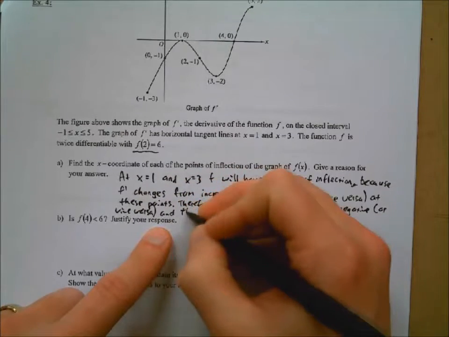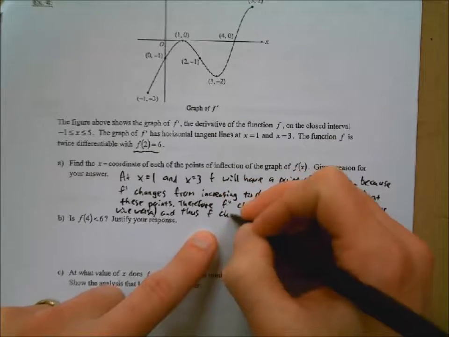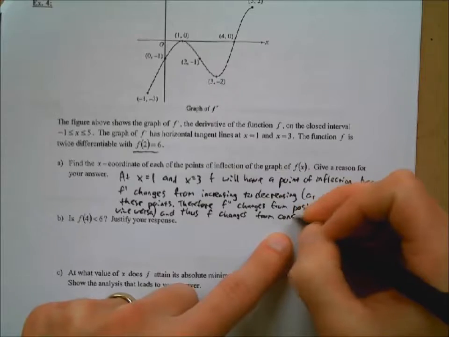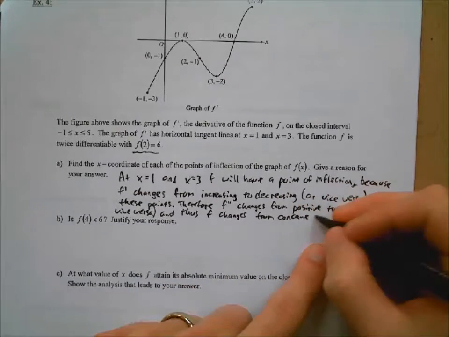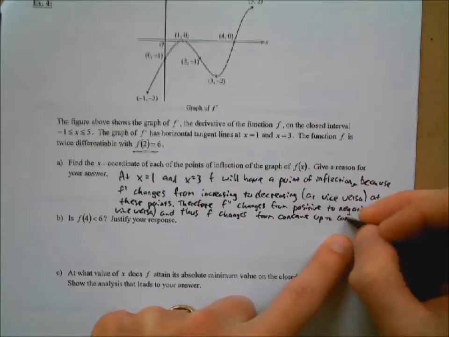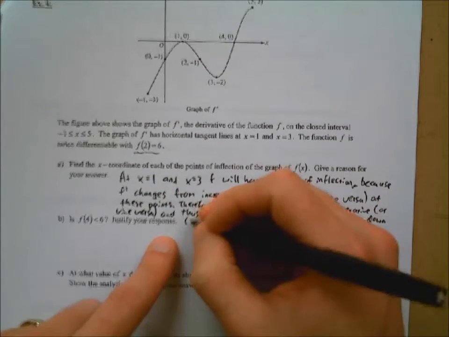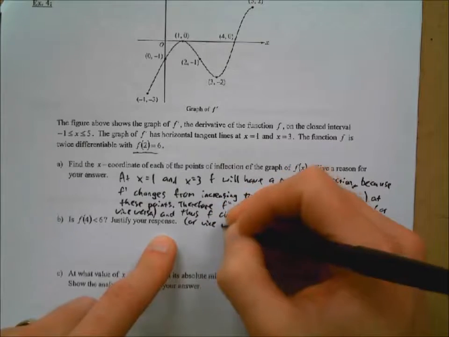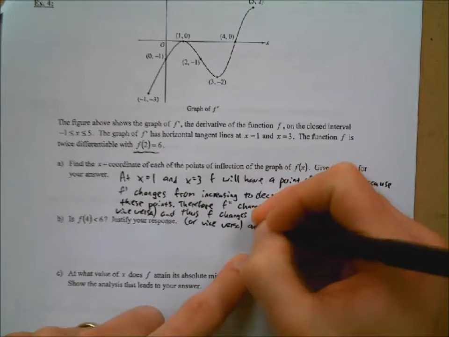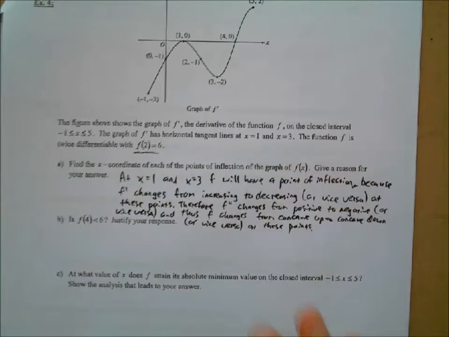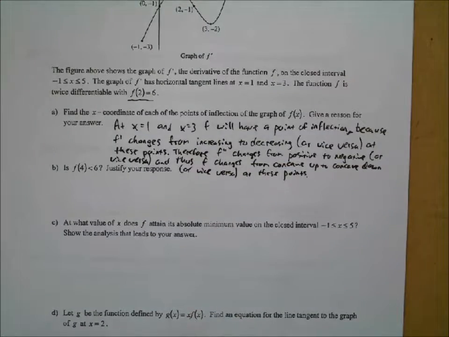And thus f changes from concave up to concave down, or vice versa, at these points. Okay? I know that's a lot. And I think that is a little bit overkill. Like I said, I think we could have stopped after the first sentence there.